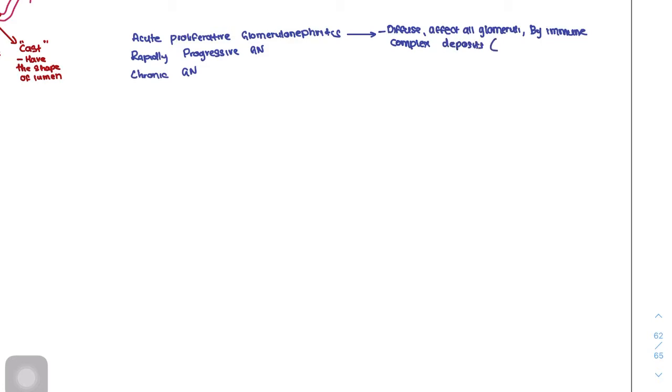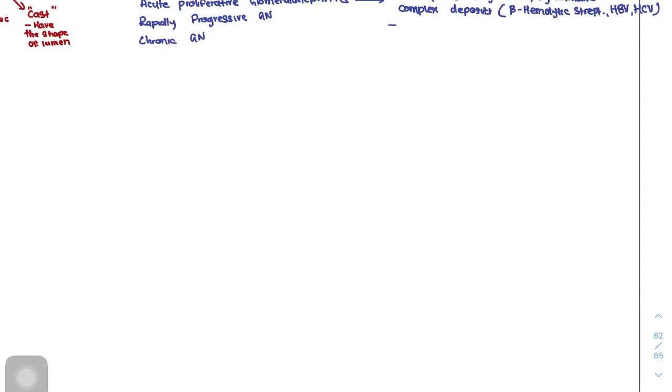So we can get it after beta hemolytic streptococcus infection, hepatitis B virus, and hepatitis C virus, HBV, HCV. These are the common causes. We get proliferation of endothelial and mesangial cells. Also, we get infiltration of neutrophils and monocytes.